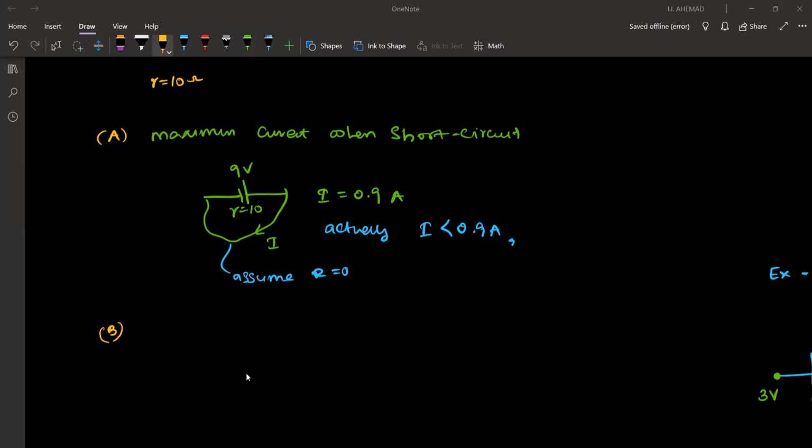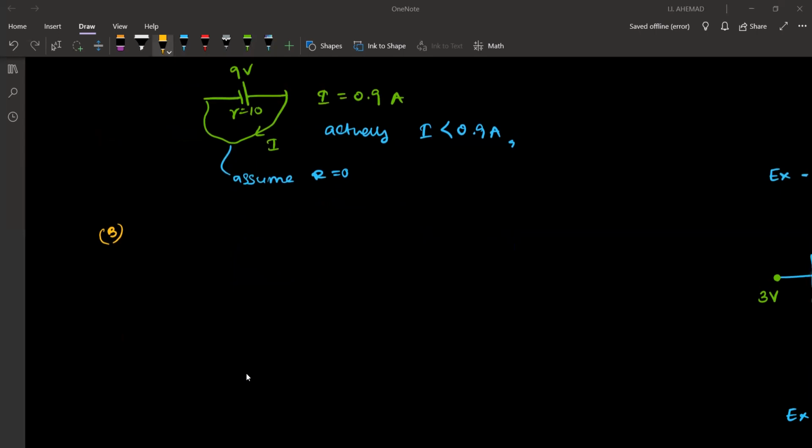What can you tell about statement B? It will produce a potential difference less than 4.5 across a resistor having a resistance greater than 10 when it is connected across the terminal circuit. It's correct or wrong?